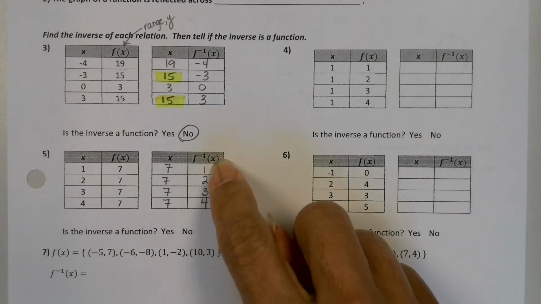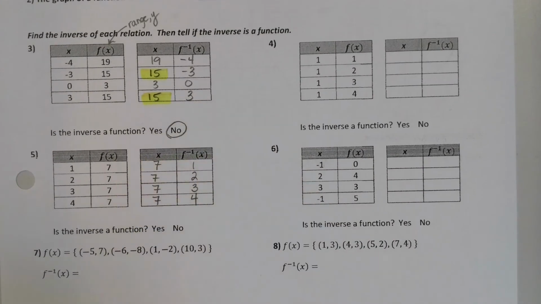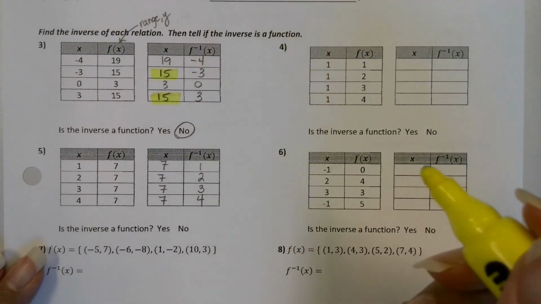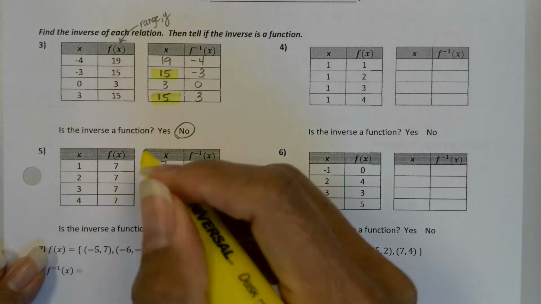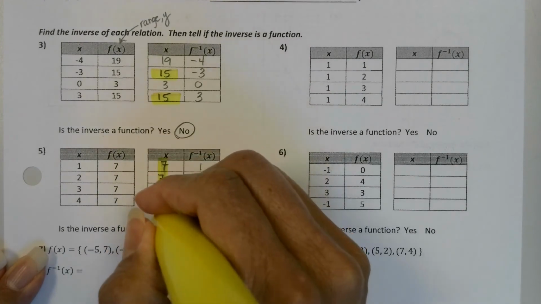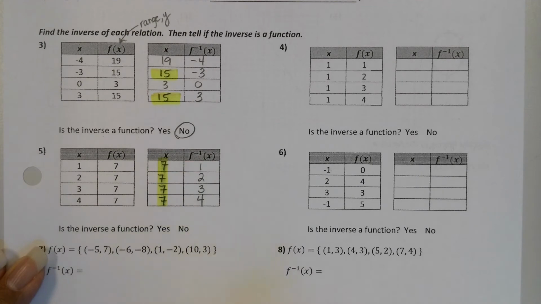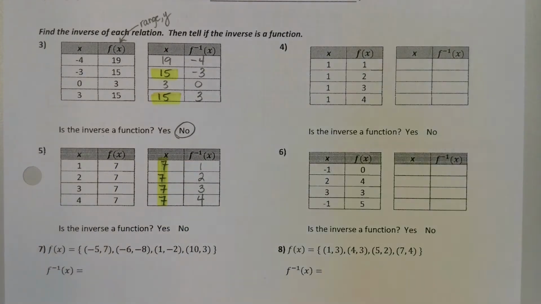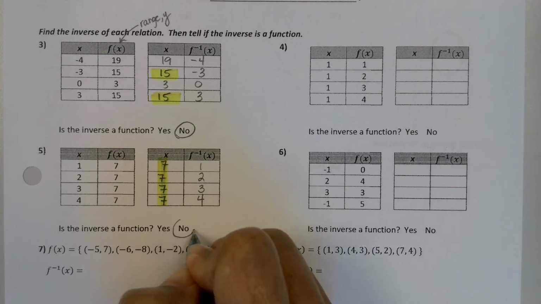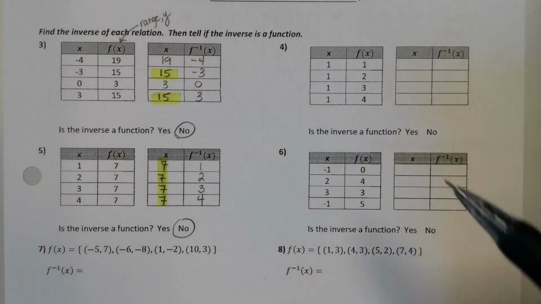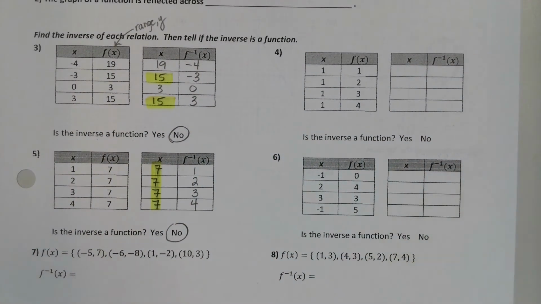This inverse is not going to be a function because of the repeated x values here. They all have been assigned several y values. So is the inverse a function? In this case, it's not. I'm going to leave these here for your own practice.